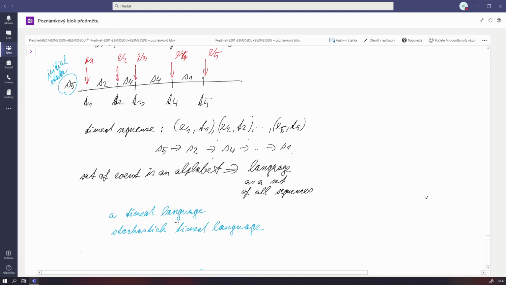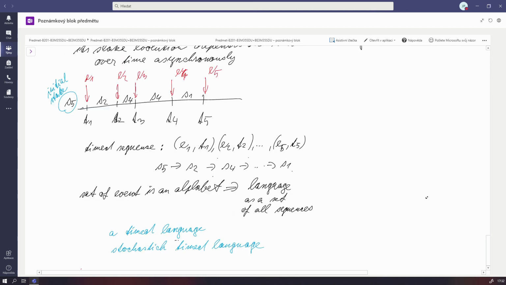So regarding the logical behavior, we are interested in ordering of the events, and no time behavior is considered. If we talk about timed language, then we are interested in event timing, and we can ask questions like if a task can be completed before a certain deadline, or how soon can a state be reached.